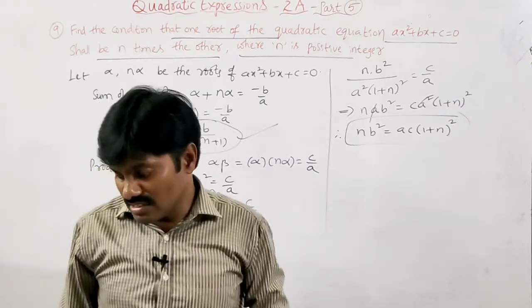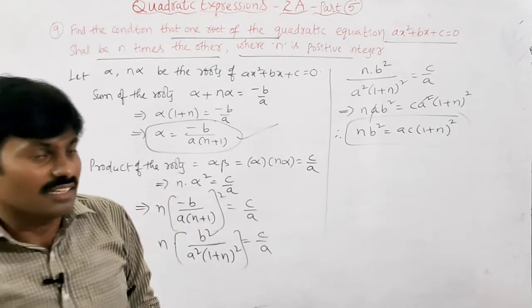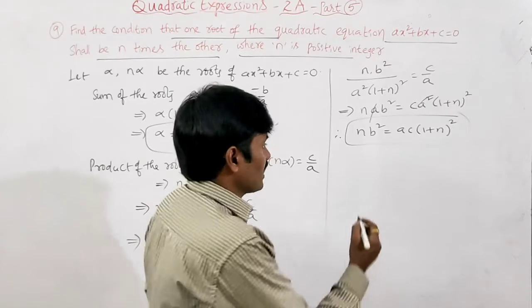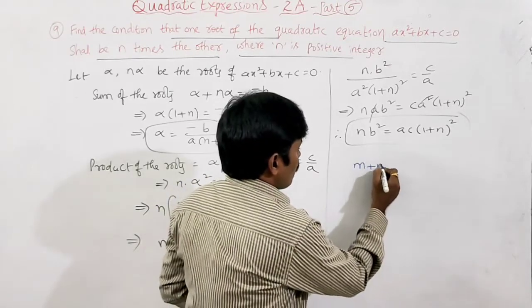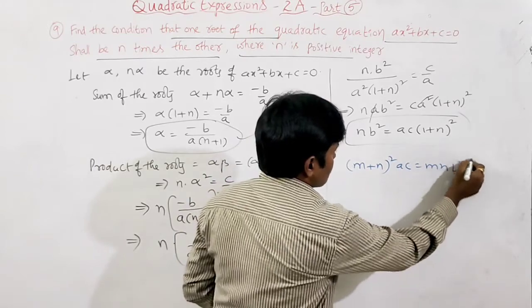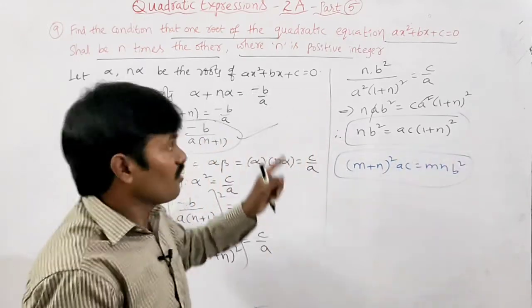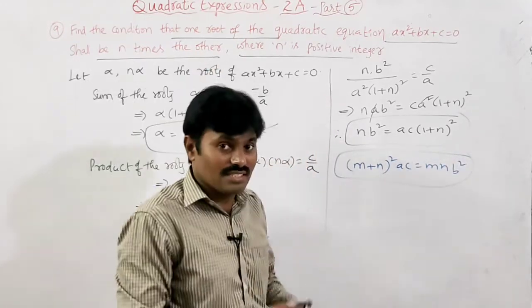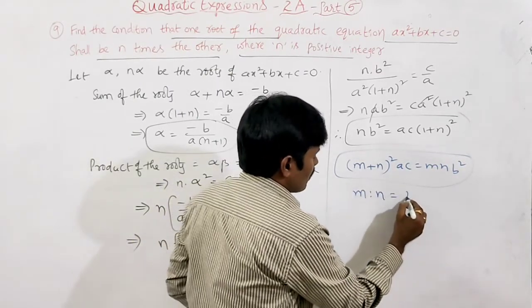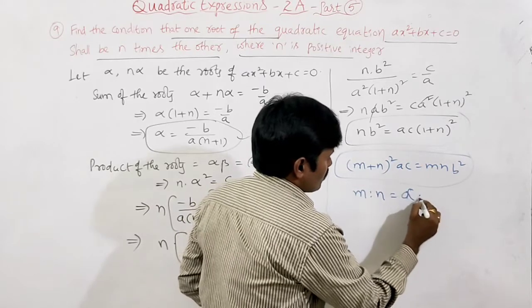And also, my dear students, in the previous video lecture we discussed that if the roots are in the ratio m is to n, the condition is (m plus n) whole square into a c is equal to m n b square. Here also, one root is alpha and the other root is n alpha. So their ratio m is to n is alpha is to n alpha.